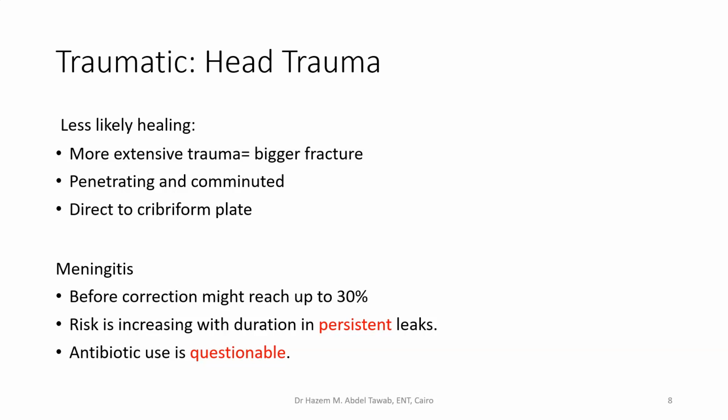Prophylactic use, according to the literature, did not improve or delay the onset of meningitis. The issue is that it kills the flora, which means you are increasing the possibility of gram-negative meningitis, which is also a big problem for the patient. So according to most studies, antibiotics should be used only if there is an established diagnosis of meningitis.